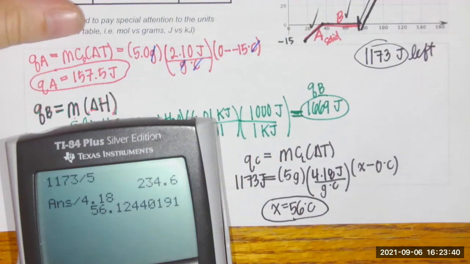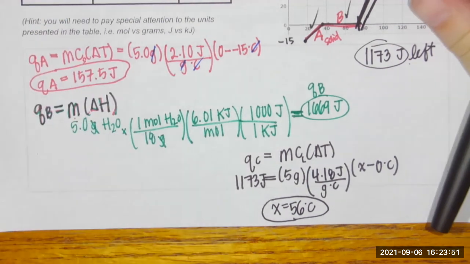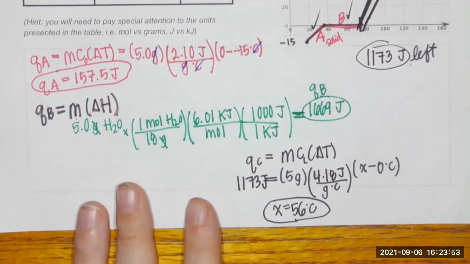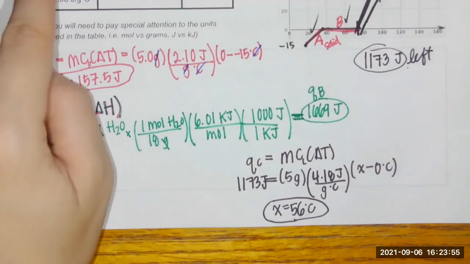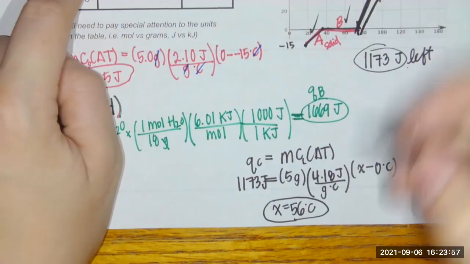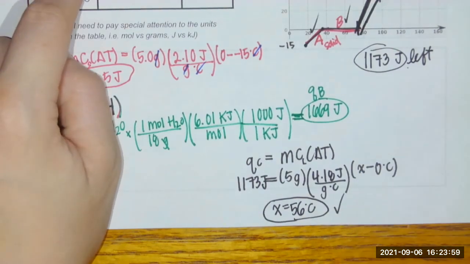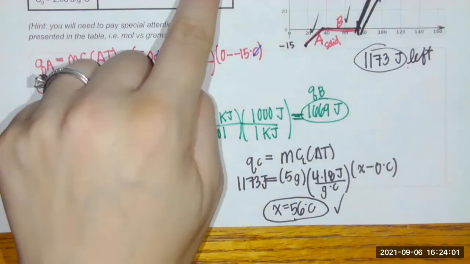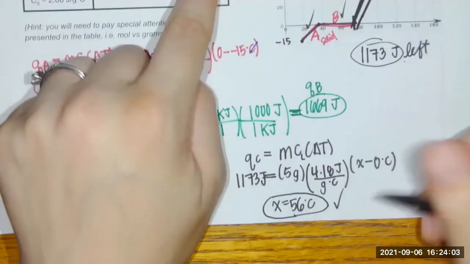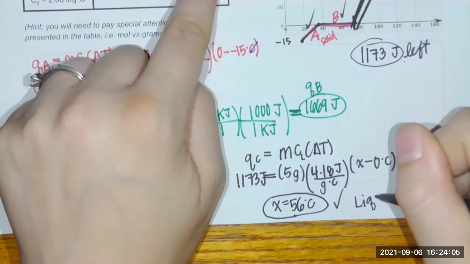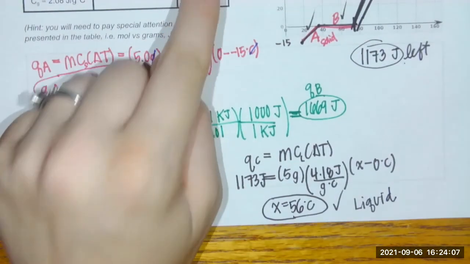I had it at 50, but maybe 56. That's as far as we can make it on this energy that we had left. So the questions were, what is the final temperature of this sample? 56 degrees. What is the final phase? We made it to the liquid phase.